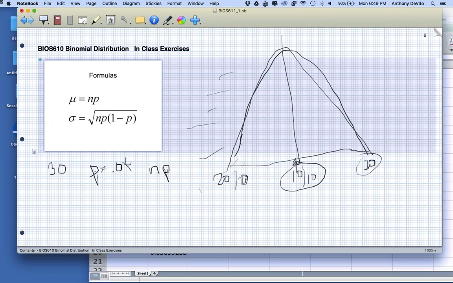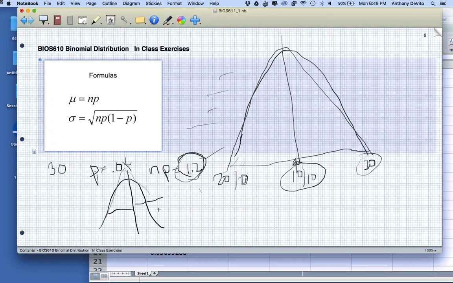It's N times P, right? So what's that going to be? It's going to be 0.04 times 30, which is 1.2. Okay. So that's basically my mean. I'm going to have approximately a normal distribution where half the time my values are going to be below 1.2 and half the time they're going to be above 1.2. That's the value that I would expect to get.